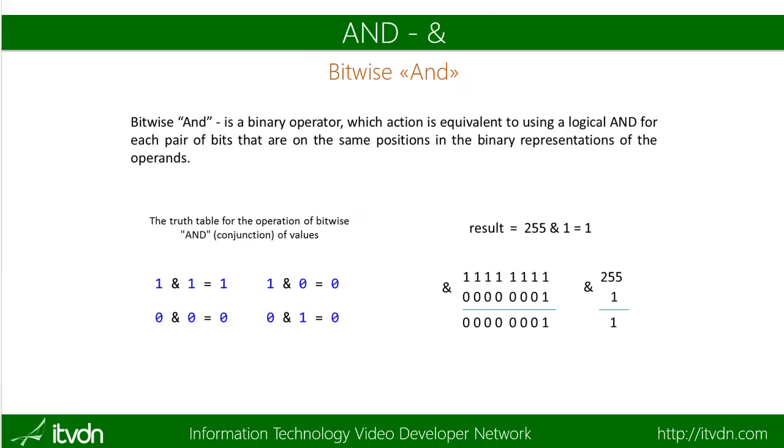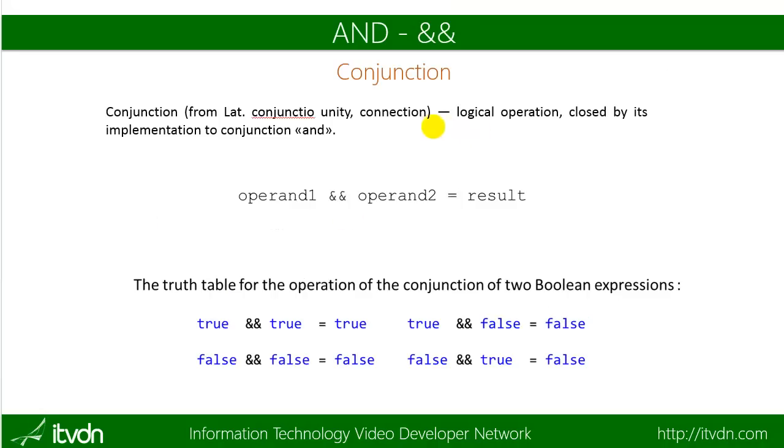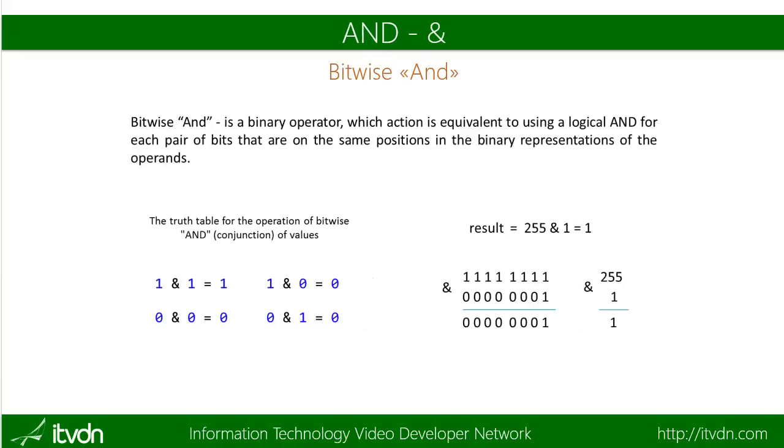And I also want you to notice that for bitwise, we only use one ampersand sign. In logical conjunction, both ampersand signs are used, so we use two ampersand signs. But for bitwise, we only use one. And it's the same thing. It has the same value, AND.